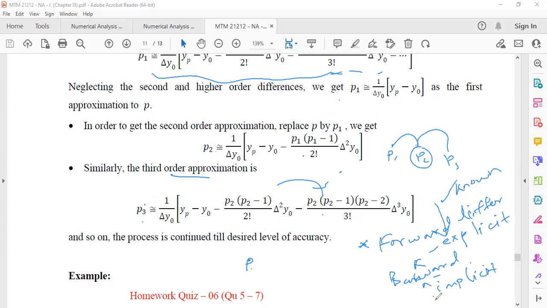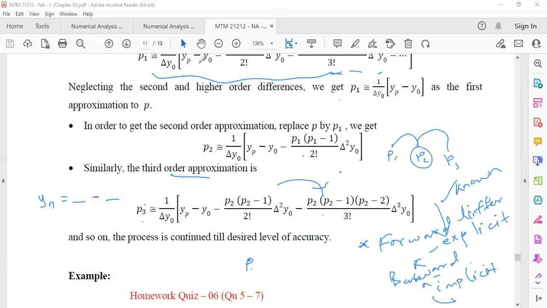But in the sense of the explicit method, you may wonder, and in our backward also, for example y, what is yn? In the backward difference, what is the yn? Do you remember what is the backward difference of yn?